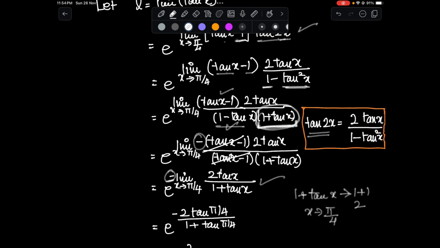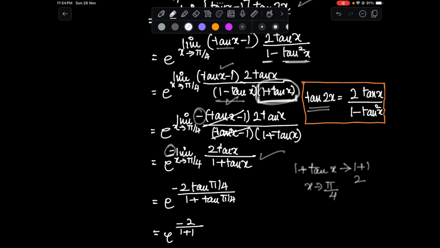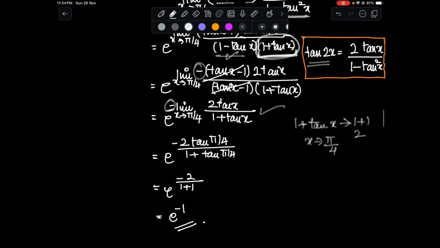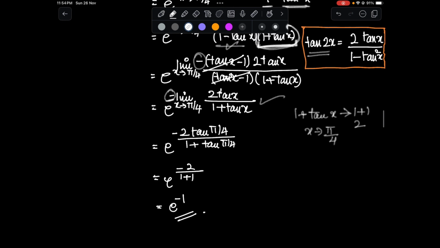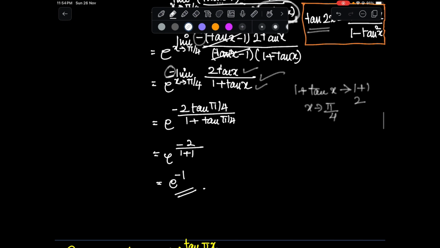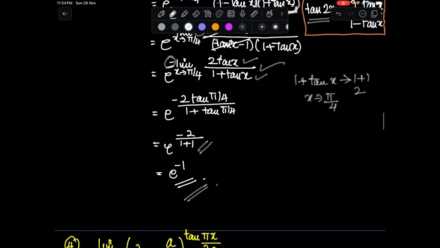You have to be concerned only about the terms which are creating a problem, not giving you a finite term. Alright. Now I will be left with this. Now you can see this value also exists, this value also exists. So I will just apply the limit. After applying the limit, you will be getting minus 2 by 2, which is minus 1. So the value is e to the power minus 1.